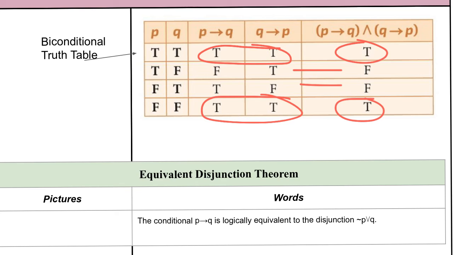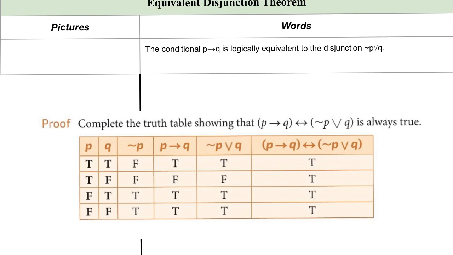All right. The equivalent disjunction theorem says the conditional if P then Q is logically equivalent to the disjunction not P or Q. And we're going to look at that truth table right down here. Again, we're going to talk about this more in class tomorrow, but please take a moment to just look at why this works. We've done our if P then Q. Remember, the only time it's false is if we get a false conclusion with a true hypothesis.